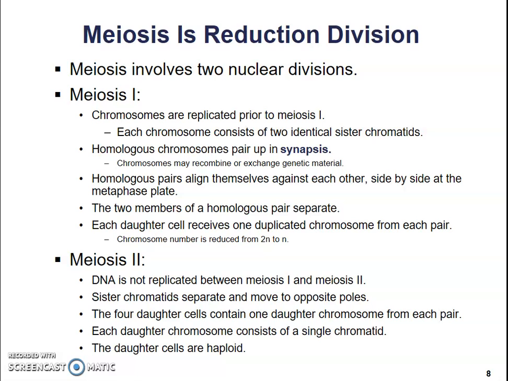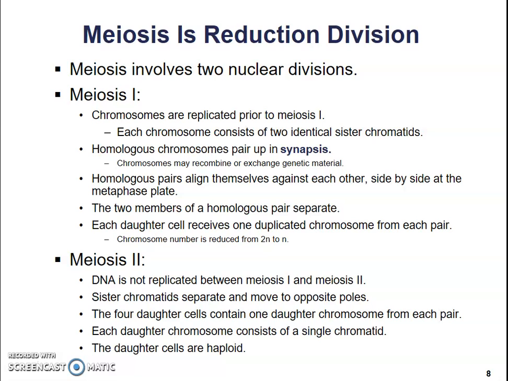The homologous pairs align themselves against each other side by side at the metaphase plate, and they trade genes. And then the two members of the homologous pair separate, and each daughter cell receives one duplicated chromosome from each pair. So the chromosome number is reduced from 2n to n, so 2 sets to 1 set.